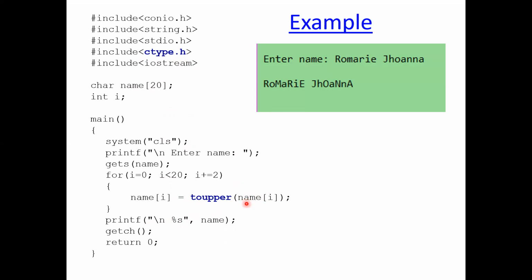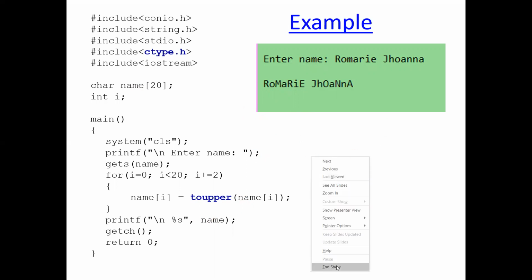You could just say that I want to uppercase one letter, or alternately, you could uppercase the letters alternately. And you can do that only using toupper. You cannot do that in strupr.